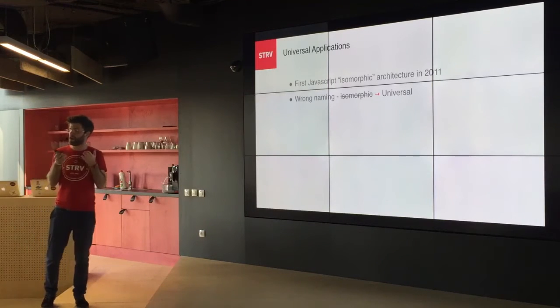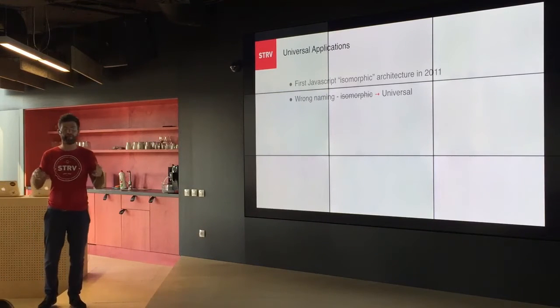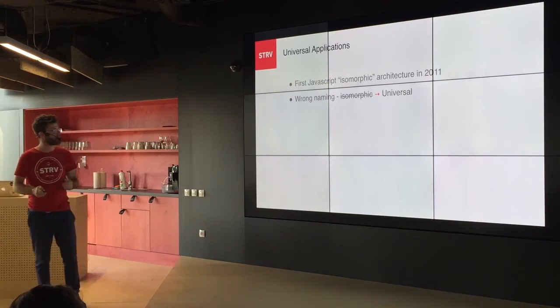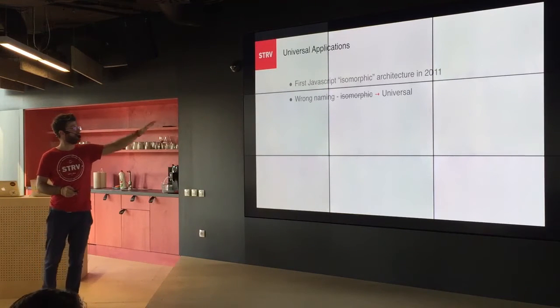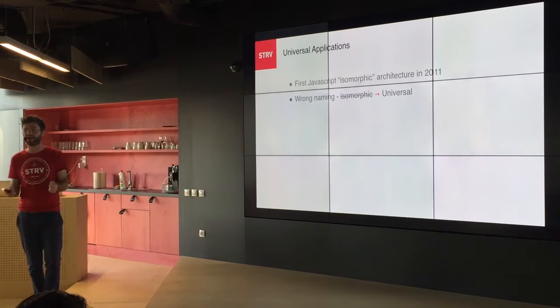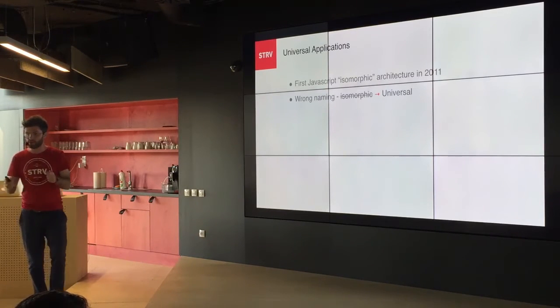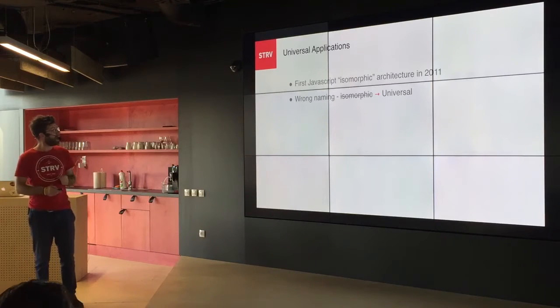What does isomorphic really mean? Almost no one understood it. It was very hard to understand. Only one year ago, this name was removed, and we started to call isomorphic applications universal applications. We will see in a few minutes what that means.